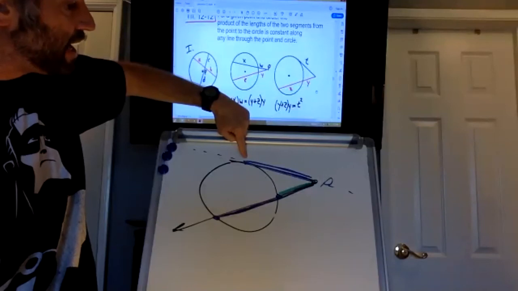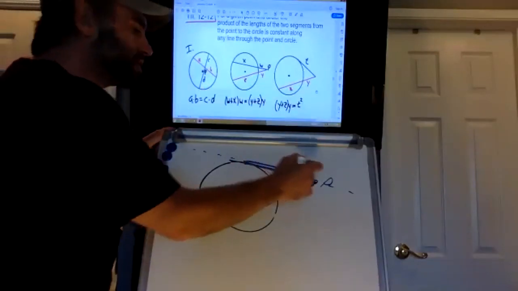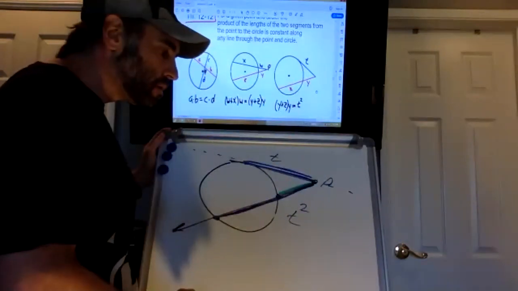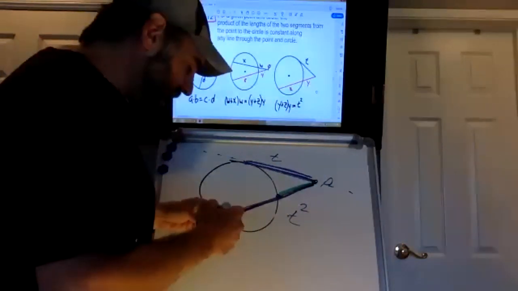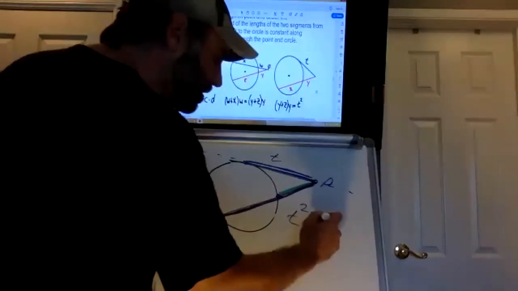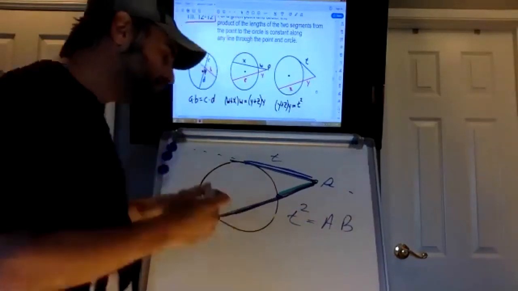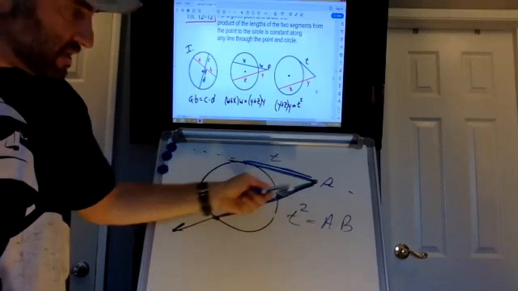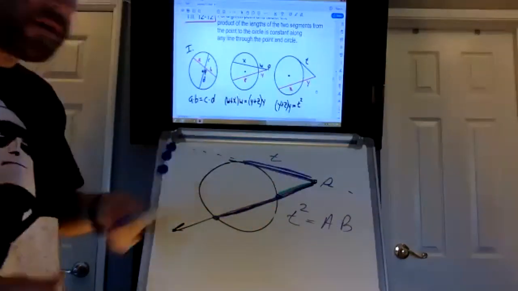When there's only one location, it's got to be twice. So if that's T, it's going to be T squared. If green is A and purple is B, then green times purple is equal to T times T.